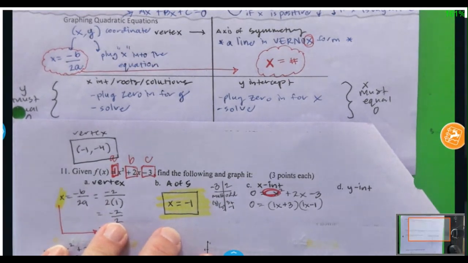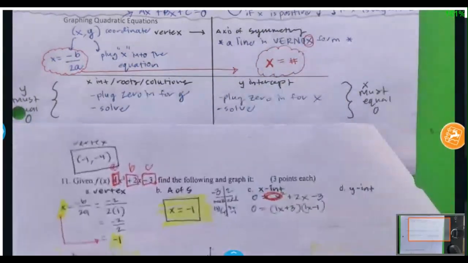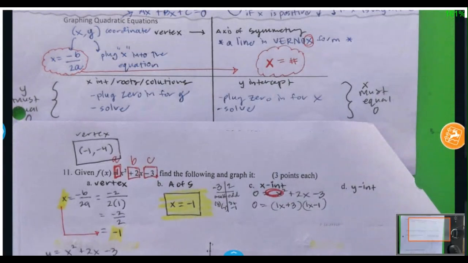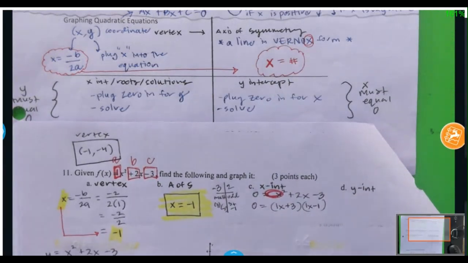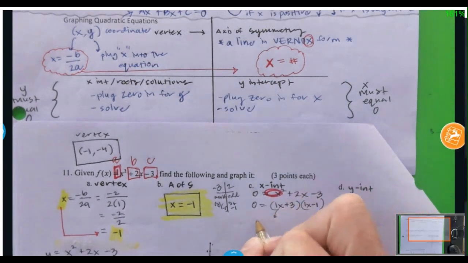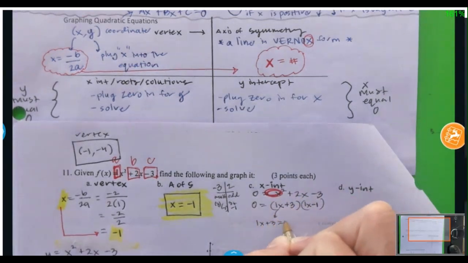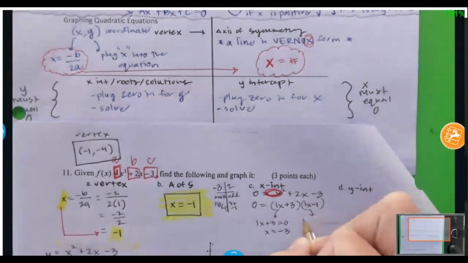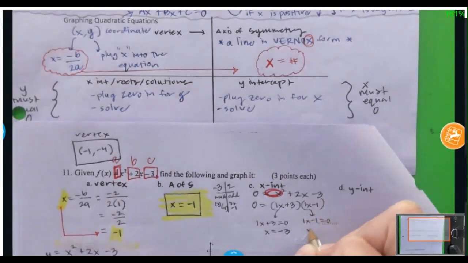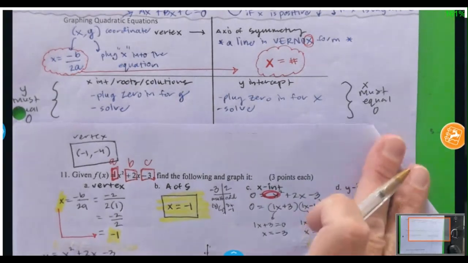Now, we're not finished. We just did this on the front page. What number did I just do? Number 6 on the front page. But we have to solve, and we have to get 2 ordered pairs. The x-intercepts are ordered pairs. So we set this equal to 0, and we solve, and we get x equals -3. We set this equal to 0 and solve, and we get x equals +1.